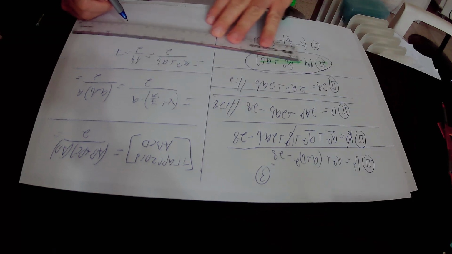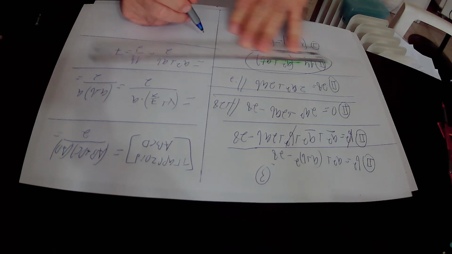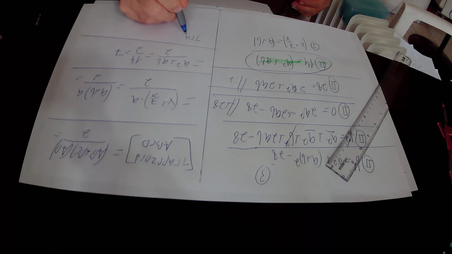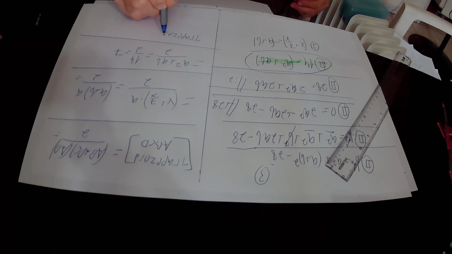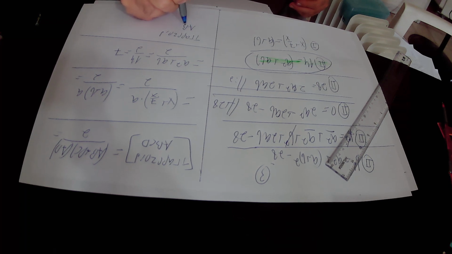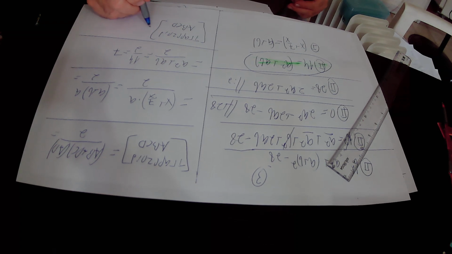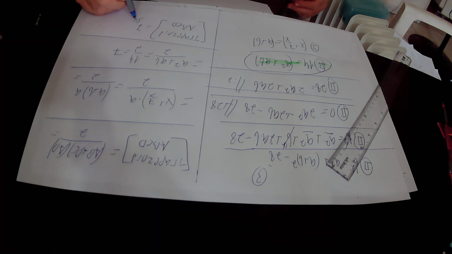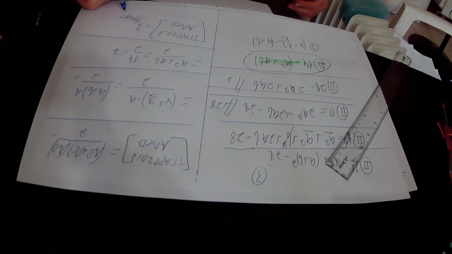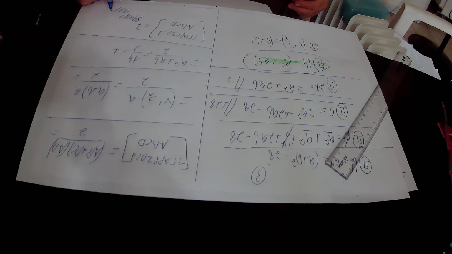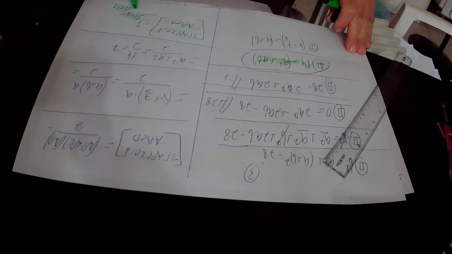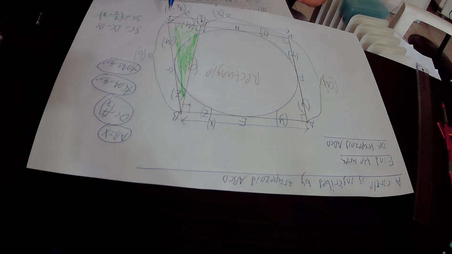So we found out that the area of trapezoid ABCD is equal to 7 square units. And that is the answer to the question. I repeat again, the area of this trapezoid ABCD equals 7 square units.